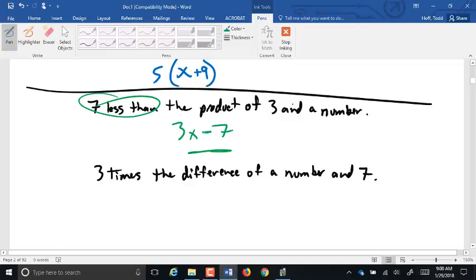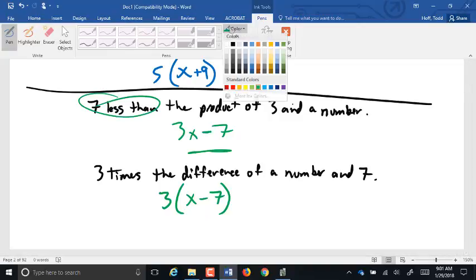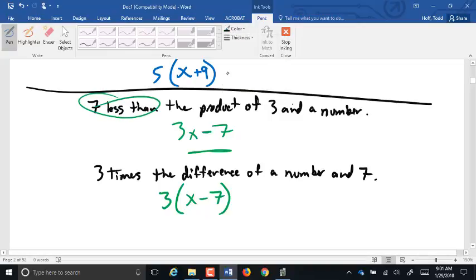The product of 3 and a number is just 3x. The bottom one, 3 times the difference. Well, 3 is multiplying something, but it is the difference of x minus 7. So that has to go in parentheses. Any questions? Okay.